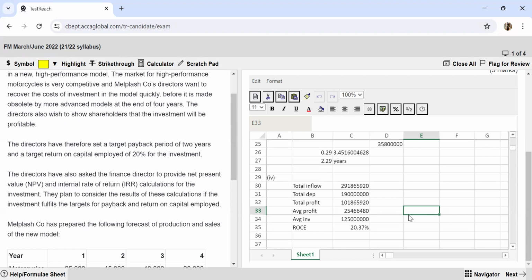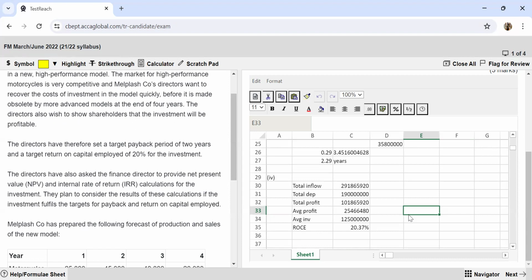So with this measure they can possibly go ahead with this project, but it is a percentage measure, so it does not indicate how much exactly the wealth of the shareholders is going to increase.